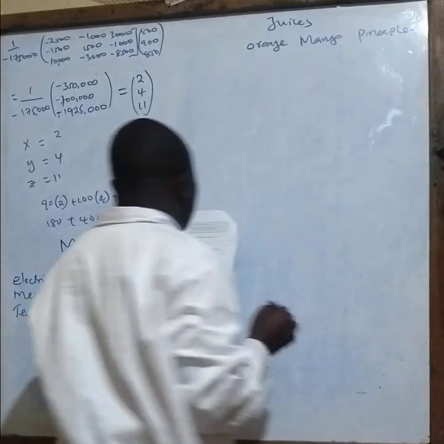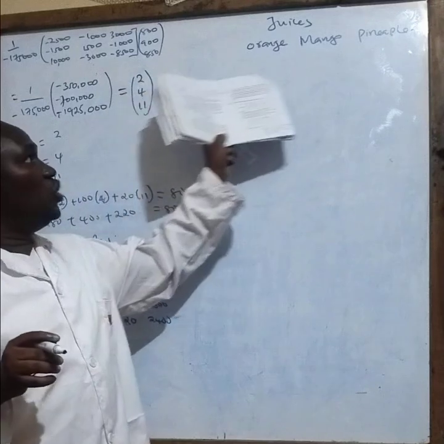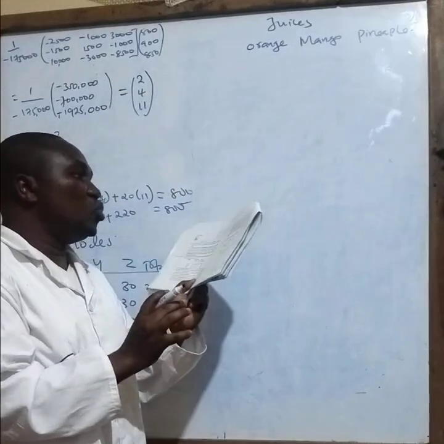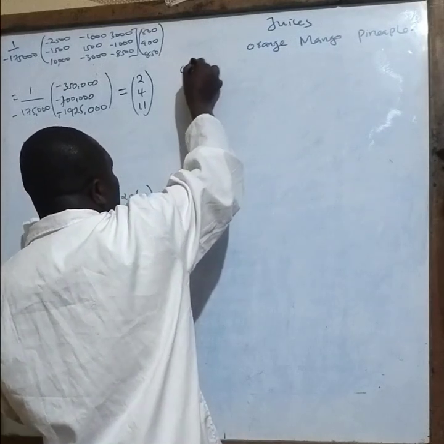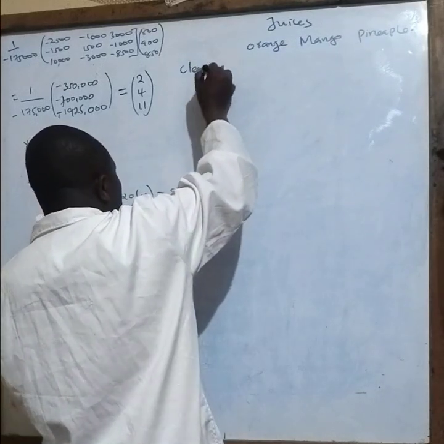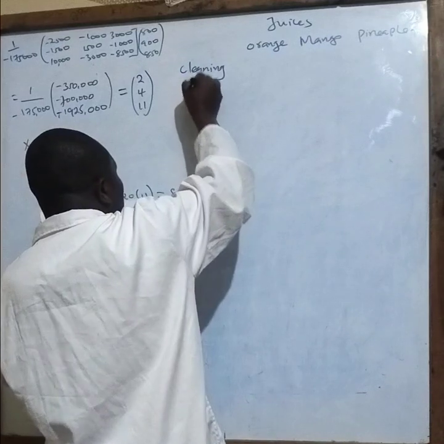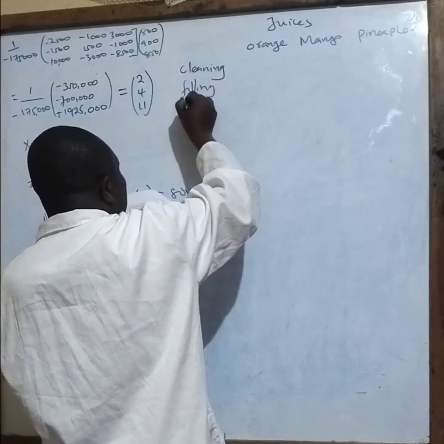Correct? Then for you to produce this one, for it to be complete, the first stage is cleaning. So we have the cleaning part here. We can also have filling. So they are filling the bottles, and then they are labeling.